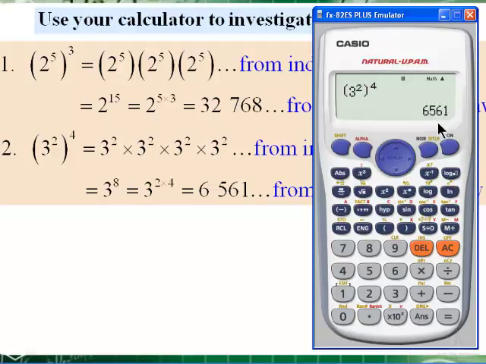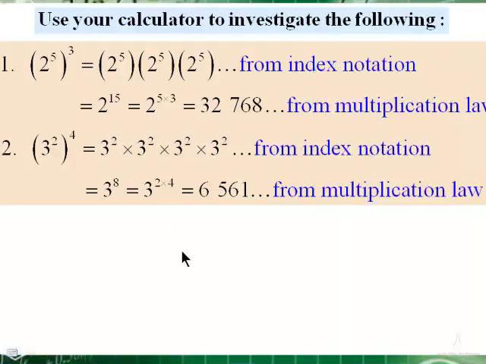And now I can switch or change this particular number, 6561, and write it in terms of its prime base. And that's 3 to the power 8. So clearly it then means that to get the final result here, you multiply the 2 by the 4 as indicated here.